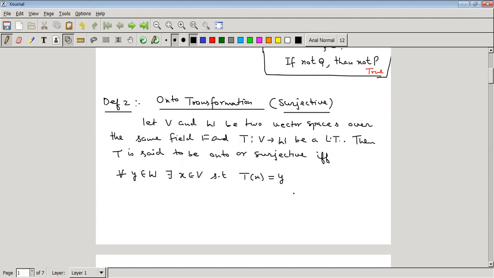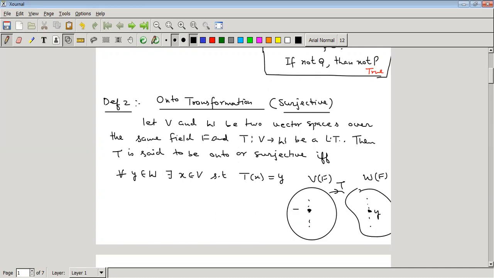So if we have a vector space V and vector space W over the same field F, and T is a mapping from V to W, and if we pick any y in W, there exists some x, at least one, such that T of x equal to y.